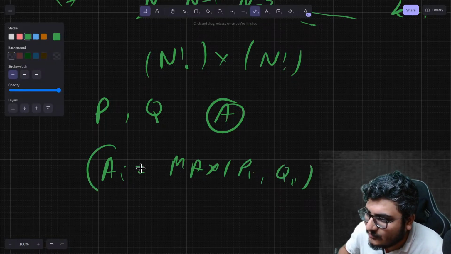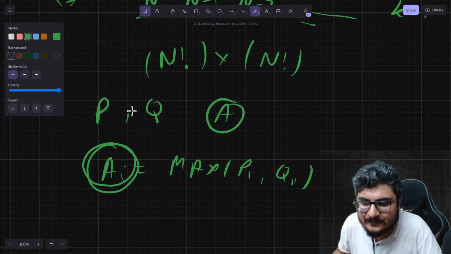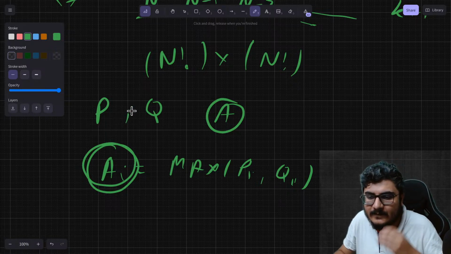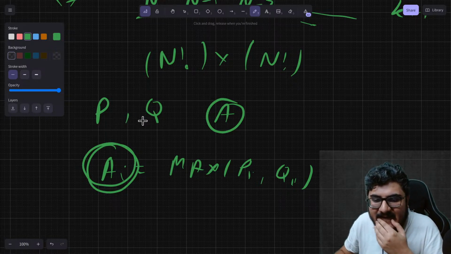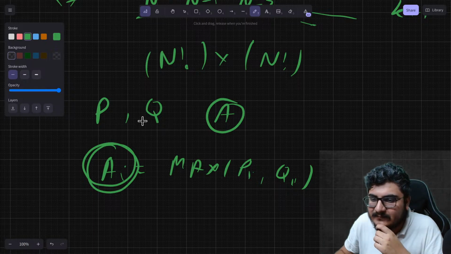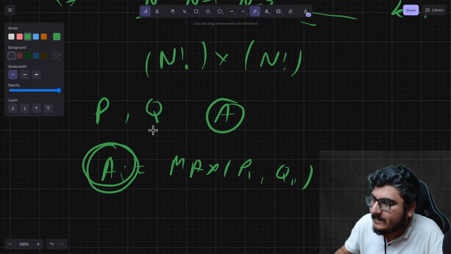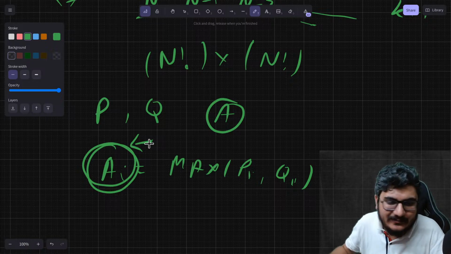And it asks us to count how many possible different A you can get. And that is what the problem statement is.